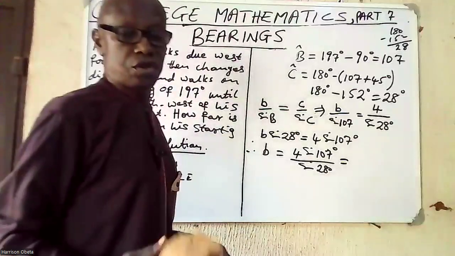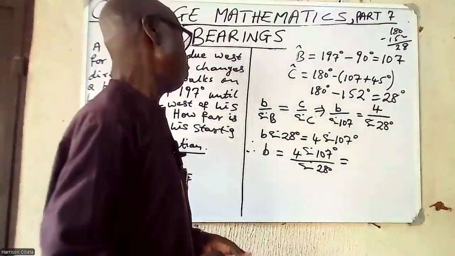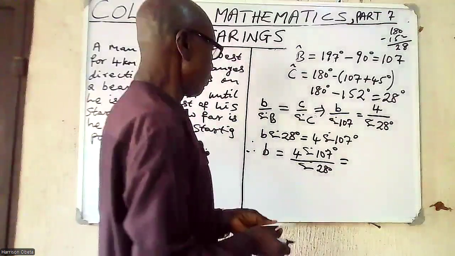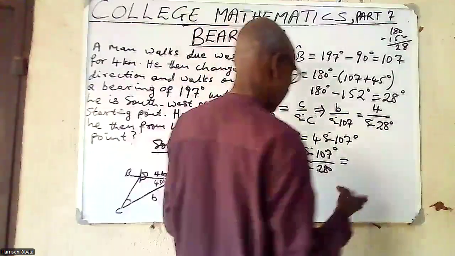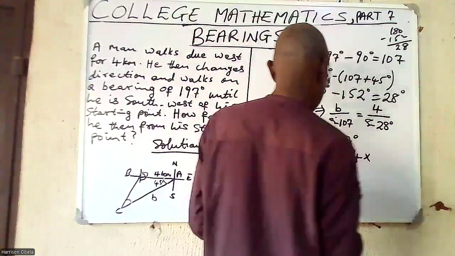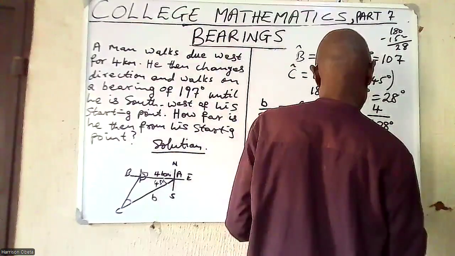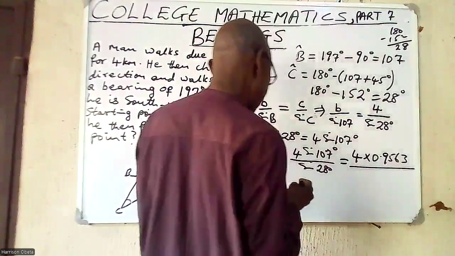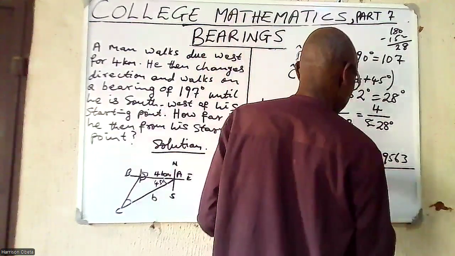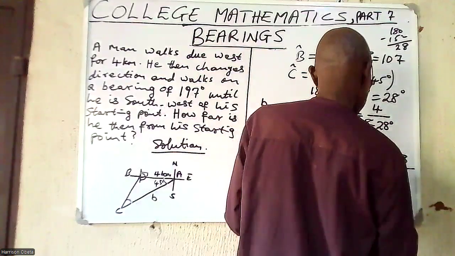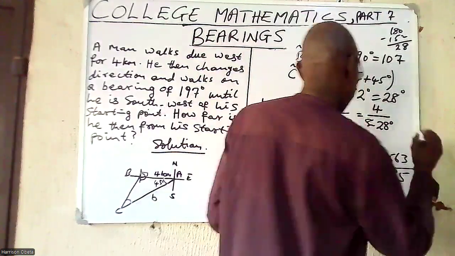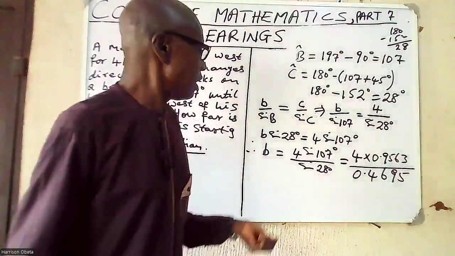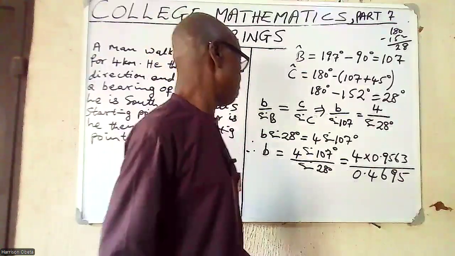If you check your calculator or four-figure table, that will give us 4 times 0.9583, dividing by 0.4695. So sine 107 is this approximately, and sine 28 is this approximately.